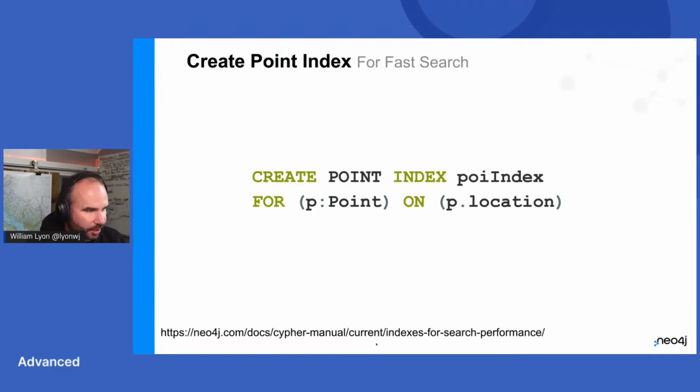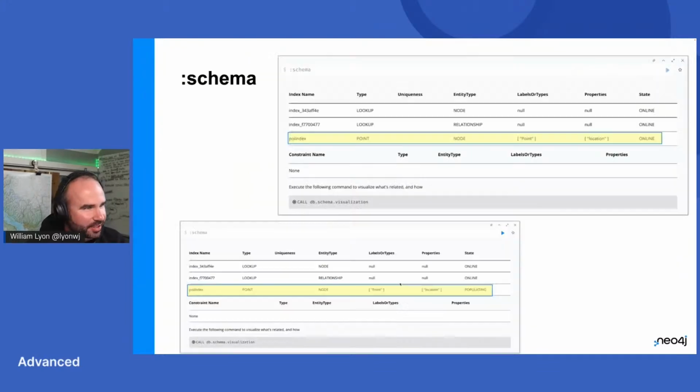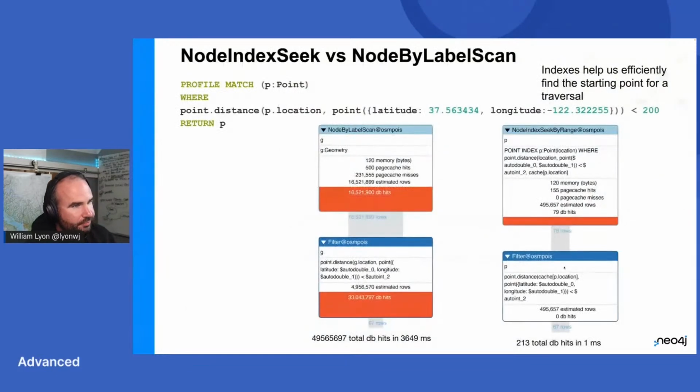You can read more about the index and what that means in that link there. But the nice thing is we don't have to understand how the index works to be able to take advantage of it. It takes just a couple of minutes to populate the index. When you create the index, you can either have that block while the index is being populated, or just check back. If you run schema in Neo4j Browser, you can see the status of your indexes.